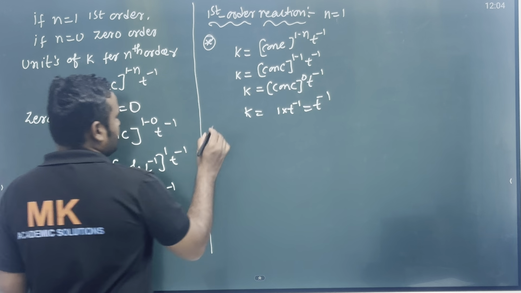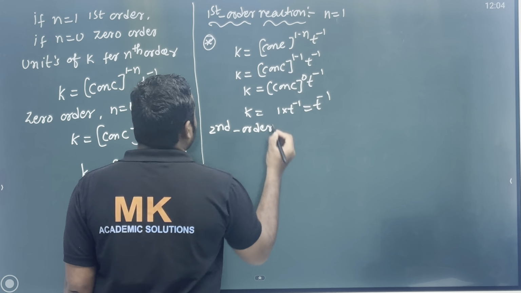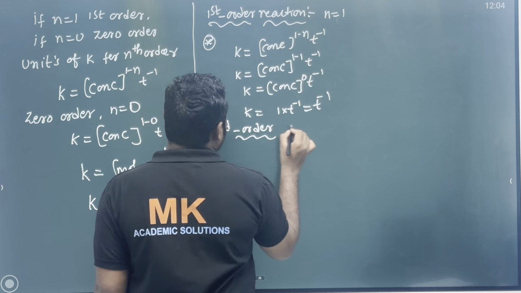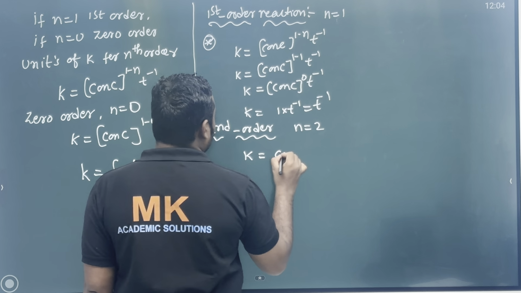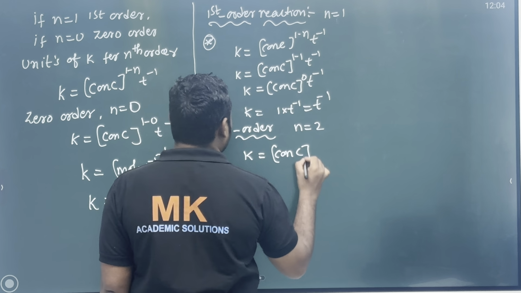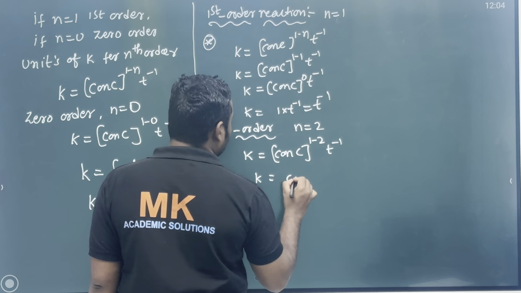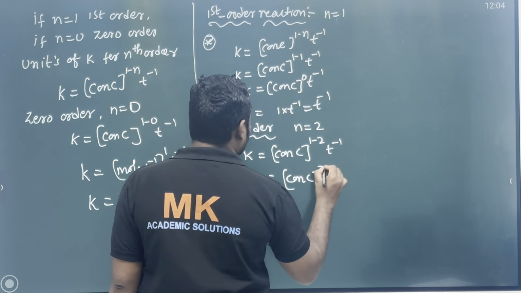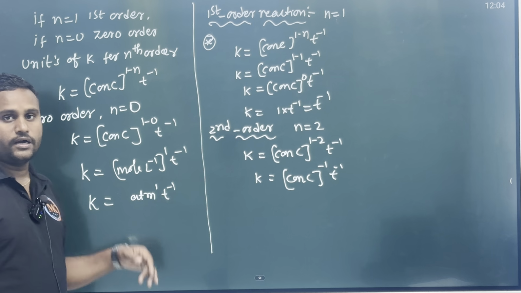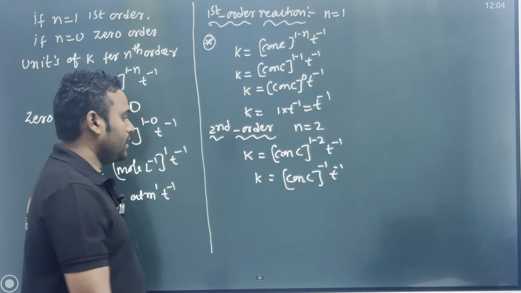And the second order reaction you can write like this. For second order reactions, n is equal to 2, therefore K is equal to concentration to the power 1 minus 2, time inverse, so K is equal to concentration to the power minus 1, time inverse. Concentration you can take as moles per liter or atmosphere when the concentration is given in partial pressure.